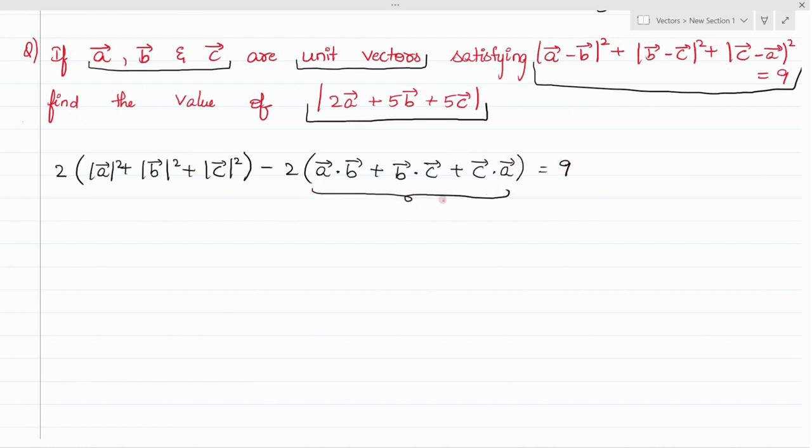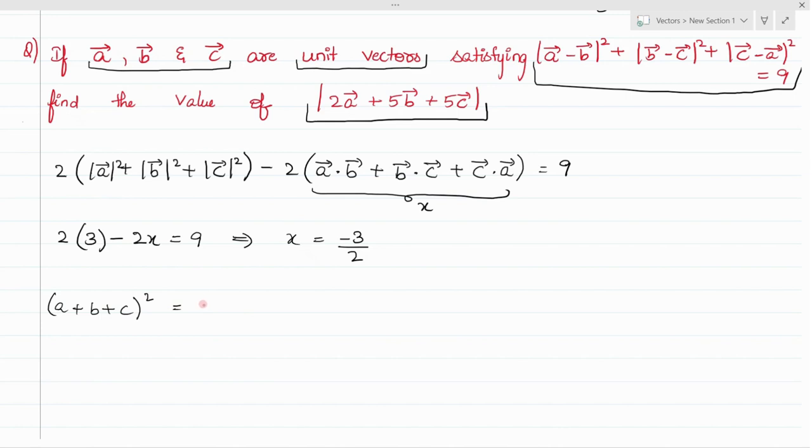Assume this whole thing as x. Now we can write it as 2 times of 3, because A, B, C are unit vectors, minus 2 times of x is equal to 9. You will get x as minus 3 by 2. Now let us find the value of A plus B plus C whole square.